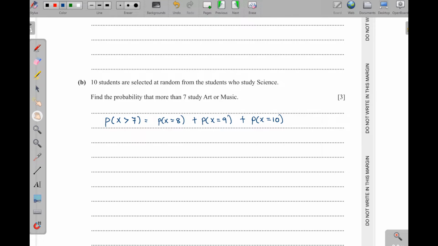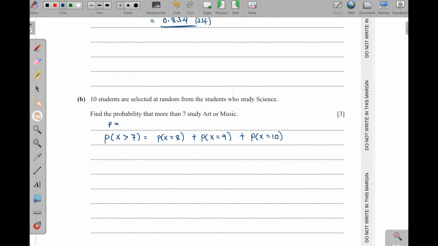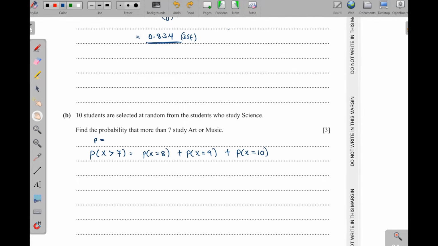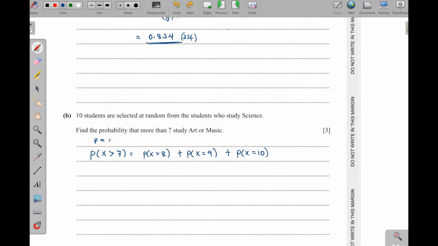So art or music all means addition. So for art it is 20%, music 35. So when you add, that will be 55. So we shall get 0.2 plus 0.35, which gives us 0.55. So that means Q is therefore going to be 0.45, and then our N is going to be 10.